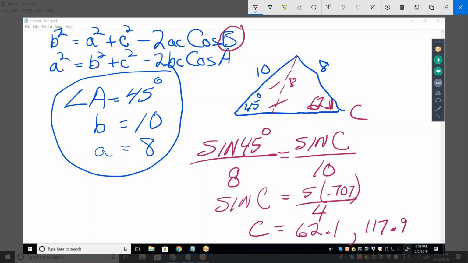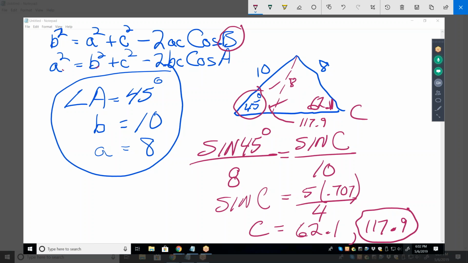Now, always figure out this angle, because if that angle fits in this original triangle, of which I only know one angle, then it's a legitimate solution. And in fact, it does fit, because 117 and 45 do not exceed 180.